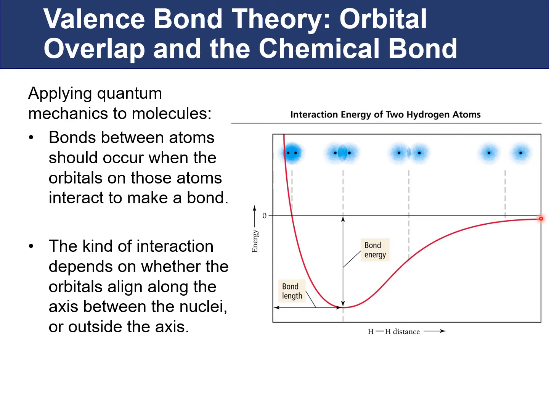As the two hydrogen atoms come closer and closer together, they start interacting. That interaction stabilizes the electrons, and the overall configuration is lower in energy. It becomes more stable.